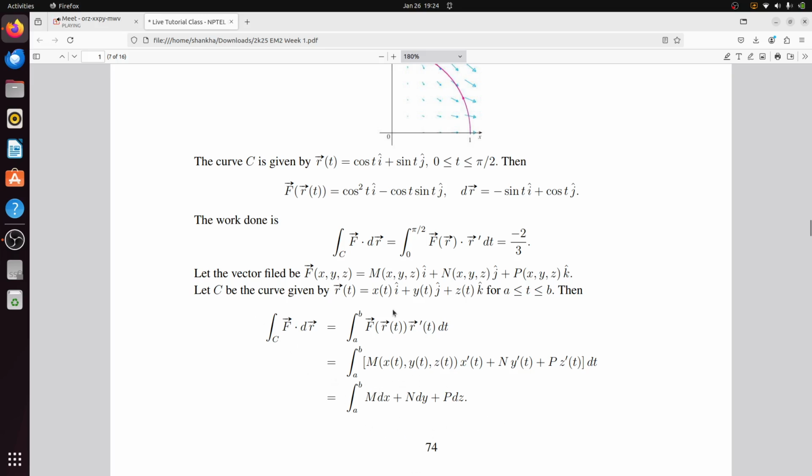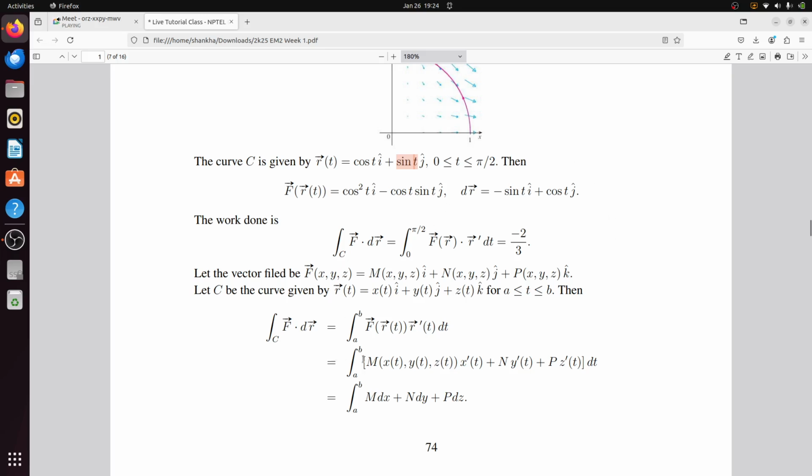So you just need to write F, this is the M component, this is the N component, and always care for the signs. What will be your dx? dx will be minus sin t. What will be your dy? dy will be cos t. Then you just put this in and you will ultimately get the answer minus 2 by 3.